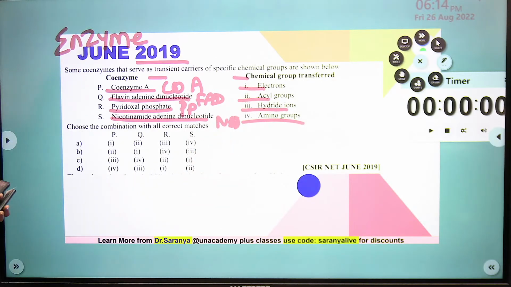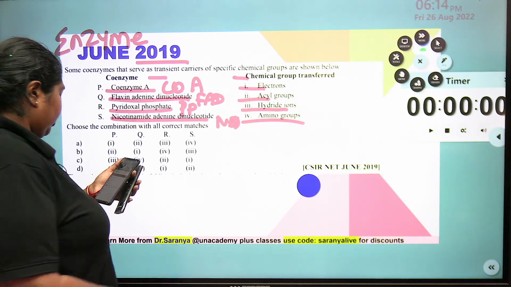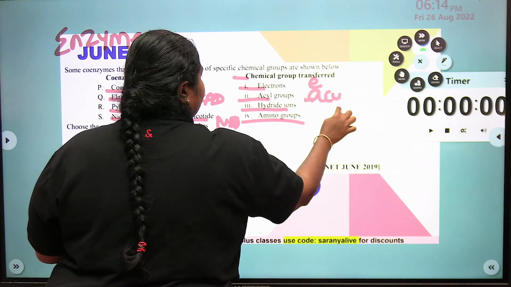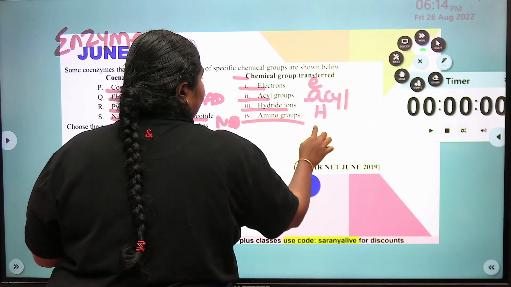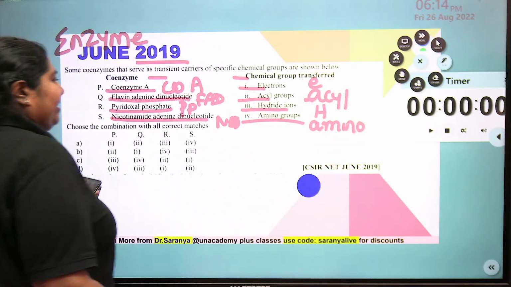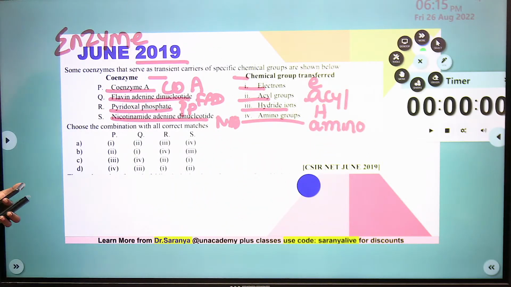On this side, it is electrons, acyl group, hydride ion, and then amino group. Fantastic, everybody. Thank you, Selva, thank you for the comments.